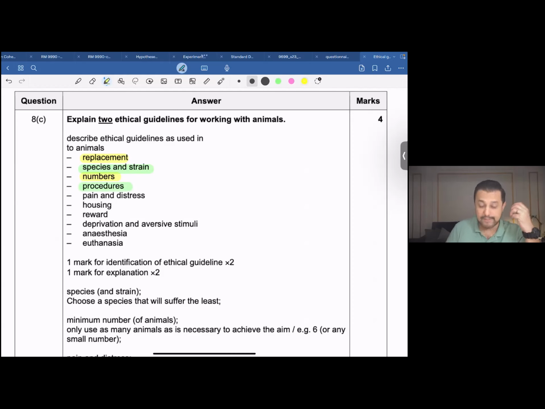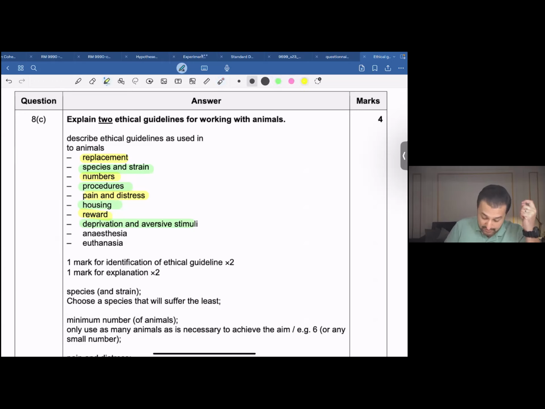The procedure should not cause any sort of pain, suffering, or distress. Again, this one has to do with housing, reward, deprivation, and aversive stimuli or uncomfortable stimuli, or anything that causes animals any sort of distress.